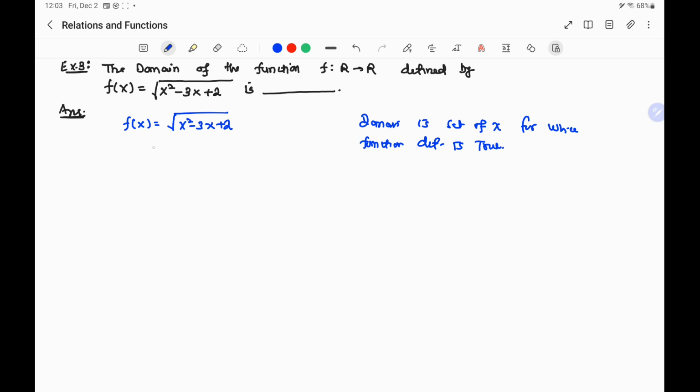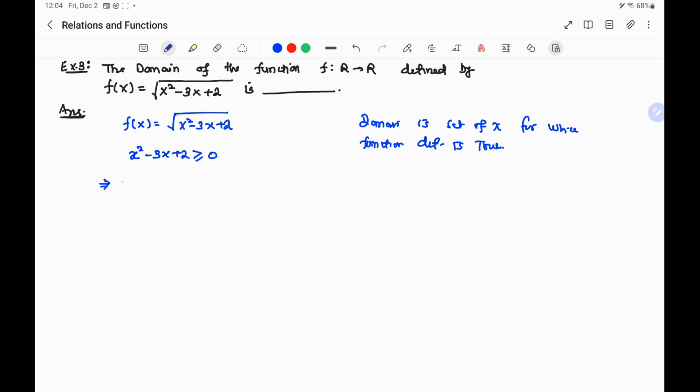So to have real values for the function, the argument inside the square root should be greater than or equal to 0. So we can write that x square minus 3x plus 2 should be greater than or equal to 0. Because if it is less than 0, it will give a complex number which is not a real number.